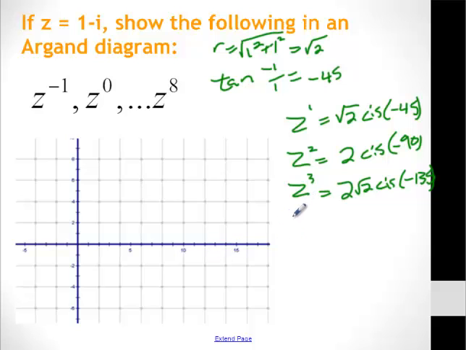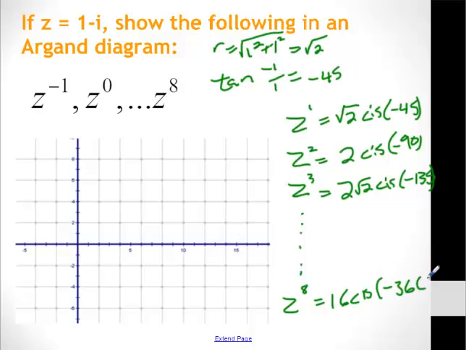And we keep going all the way up to z to the 8th. I'm going to skip a couple, and we're going to look at z to the 8th. Square root of 2 to the 8th power is the same as 2 to the 4th power, or 16. And we want to take negative 45 and multiply it by 8, and we get negative 360.